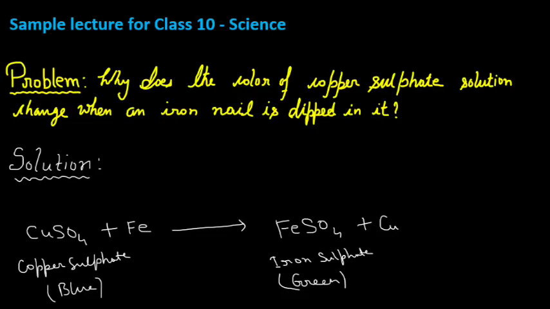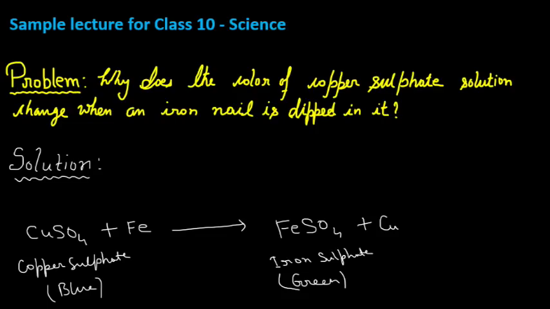Why does the color of copper sulfate solution change when an iron nail is dipped in it? So we know that the copper sulfate color is blue. As soon as we put an iron nail into copper sulfate solution, the blue color converts to green.